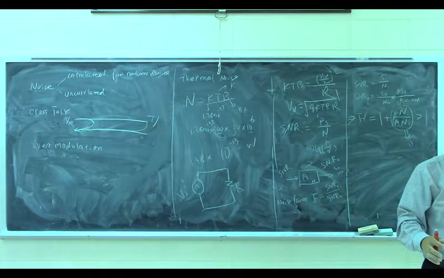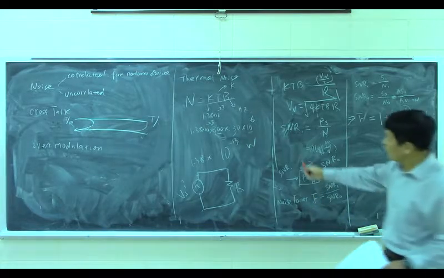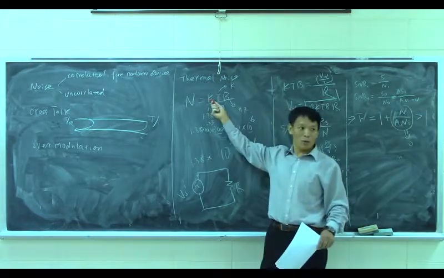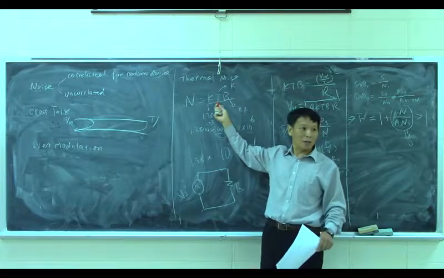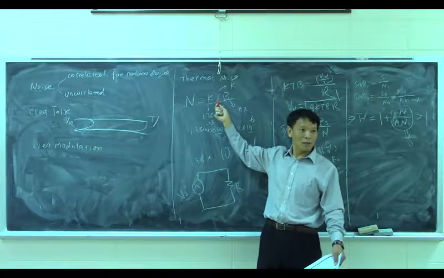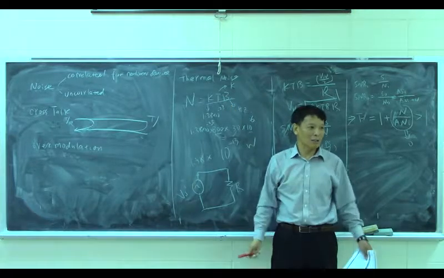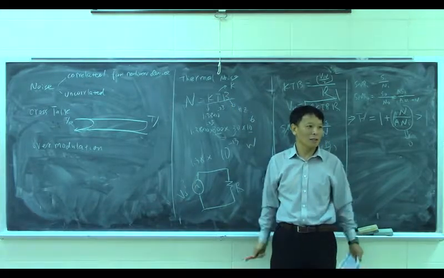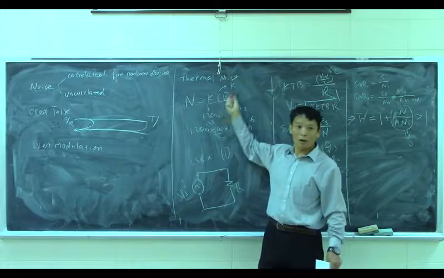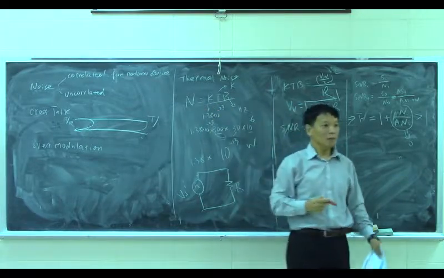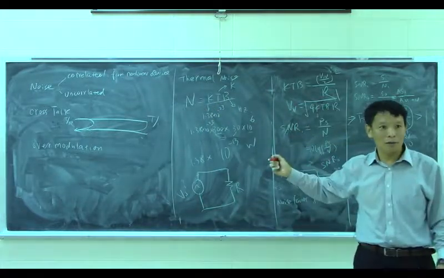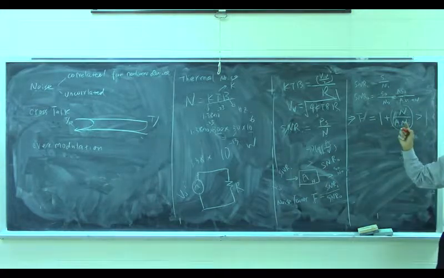Is this possible? No. Why? Because your system operates at some temperature, here 300, and has some bandwidth, right? You need bandwidth, otherwise you cannot communicate anything. So this one is all positive. So this N must be positive, so you cannot make this F equal to 1. It can only be greater than 1.